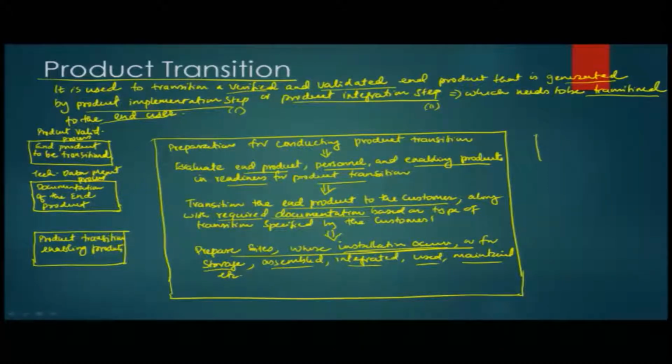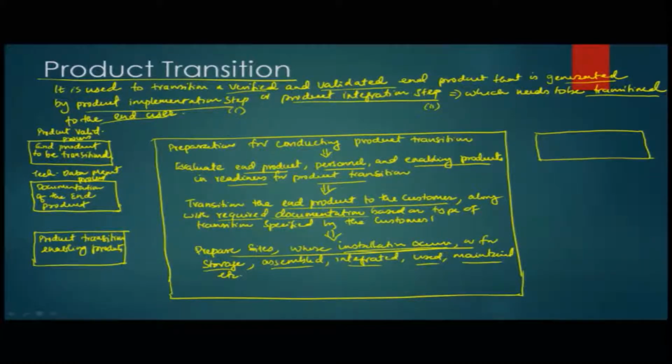And then there are 3 outputs also, like earlier. Outputs are, first one is delivered end product with appropriate documentation. Okay, that is one part.